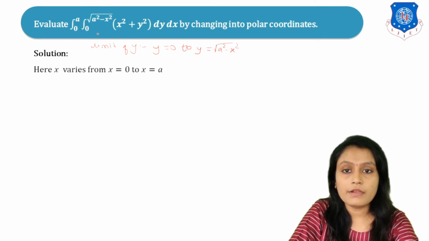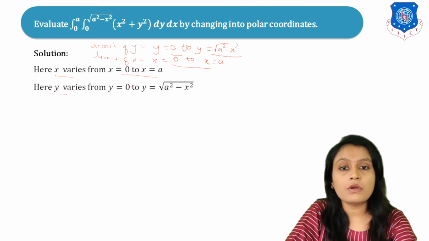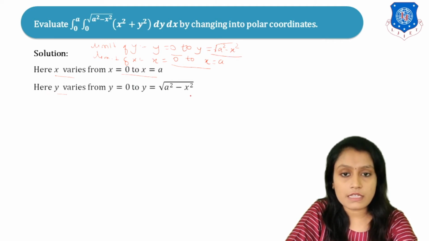And this is our limit of x, that is x equals 0 to x equals a. So x varies from 0 to a, and y varies from 0 to under root a square minus x square.